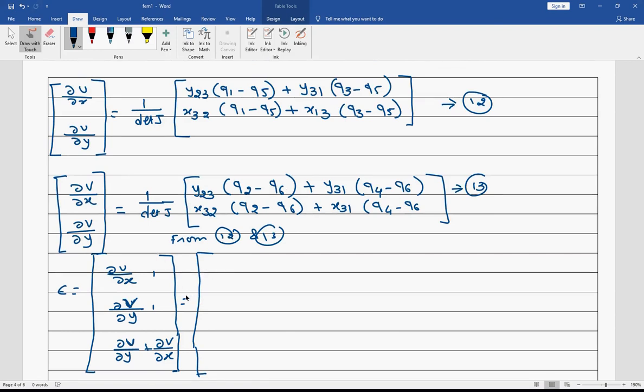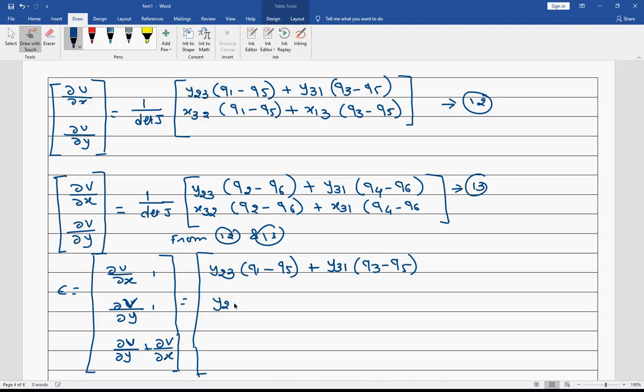One over determinant, so I don't have a space here, so I will write at the end. So this will be y23 (q1 minus q5) plus y31 (q3 minus q5).